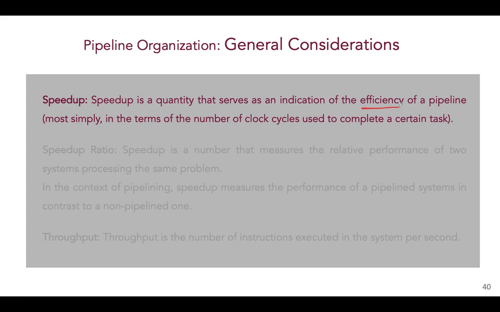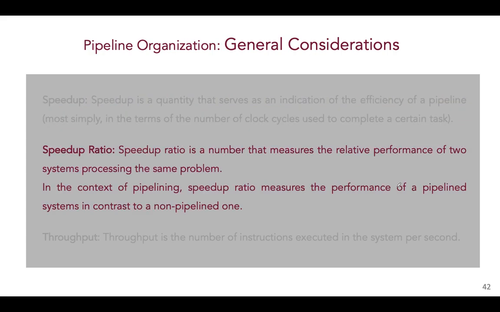But when we're talking about speed up in context of pipelining, the idea is to measure the number of clock cycles required to complete a certain task so that we can compare how much time is taken to complete that task in a pipeline system versus how much time it took to complete the same task in a non-pipeline system. That would give you some idea of whether or not pipelining has actually given you some advantage or not.